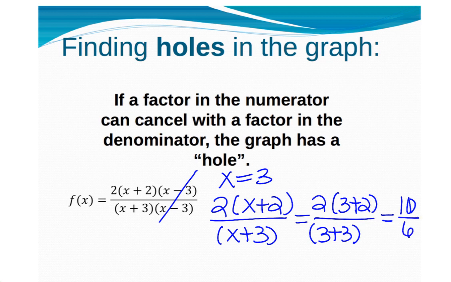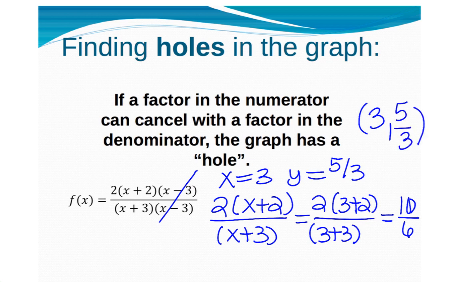So our y value reduced is going to be 5 over 3, because we can take a 2 out of the top and out of the bottom. So our hole as an ordered pair is going to be (3, 5/3). When we think hole, we're thinking what can cancel on the top and the bottom.